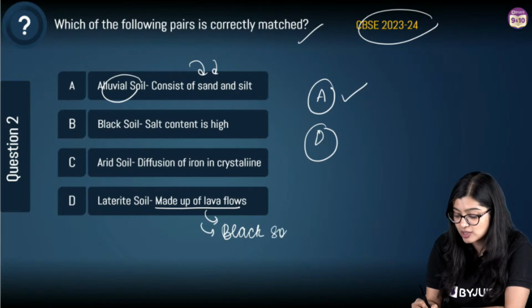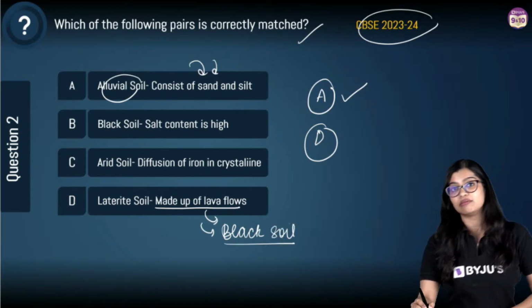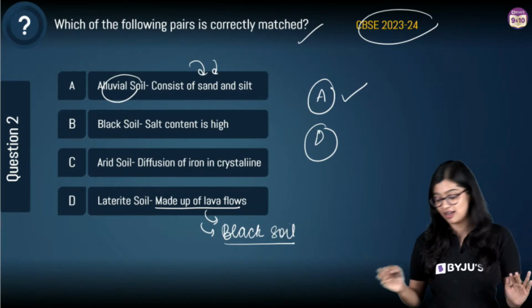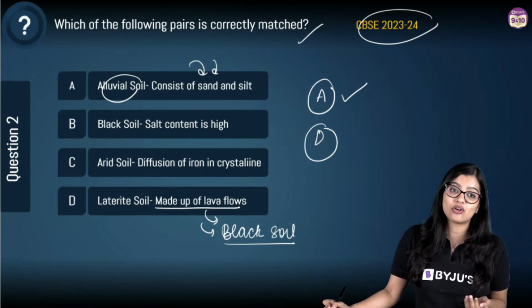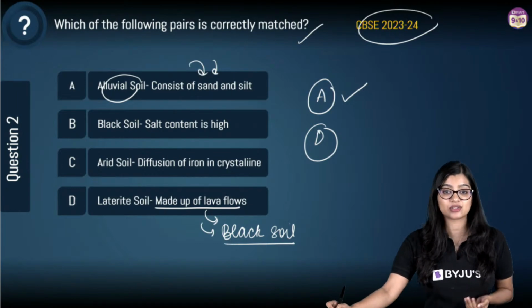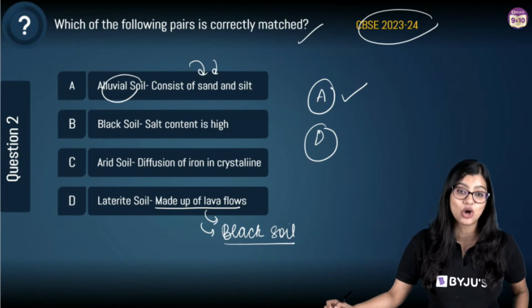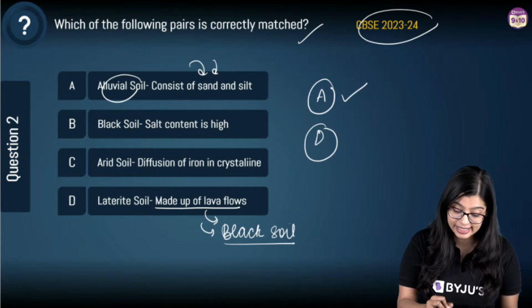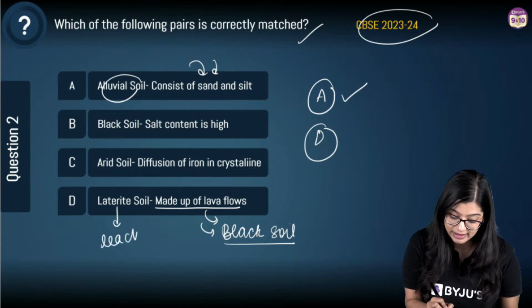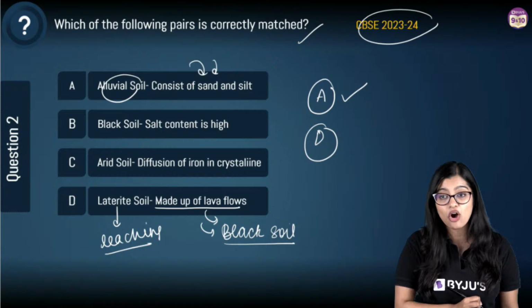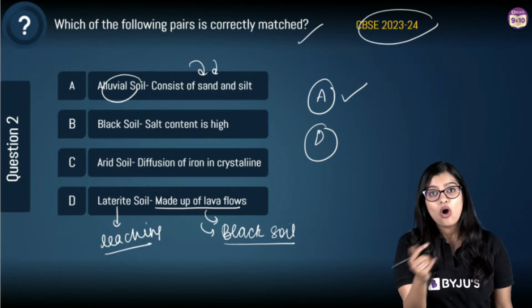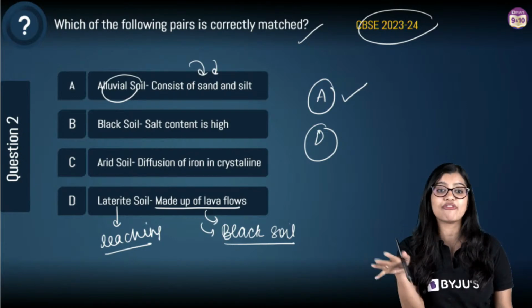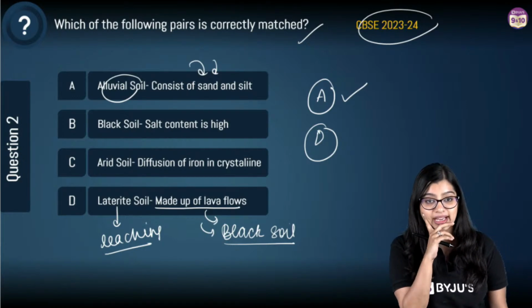We know that especially in the Deccan Trap region, I just taught your 9th graders physical features, we know that over a period of time, due to weathering of the igneous rocks, black soil is formed, made up of lava flows. So here in this case, laterite soil is formed by the leaching of the rocks. When there is repeated action of water on the rocks, it results in the formation of laterite soil.